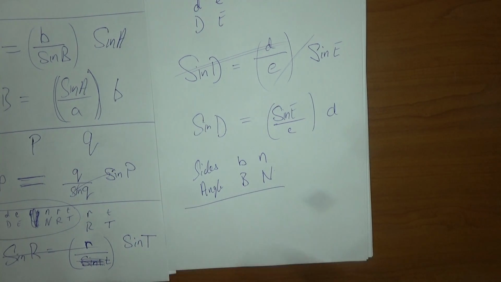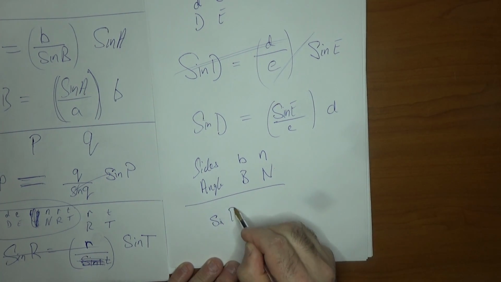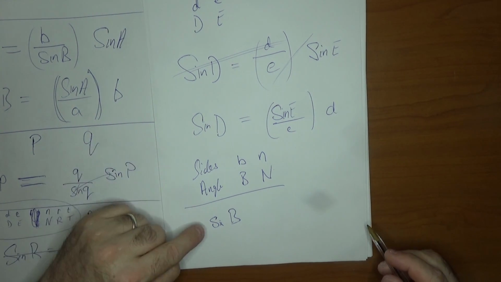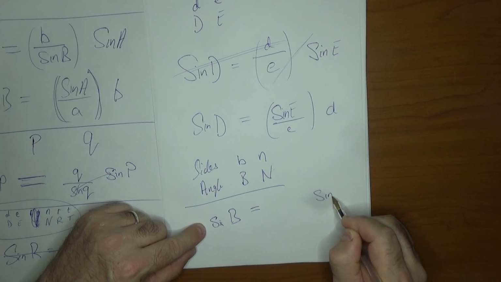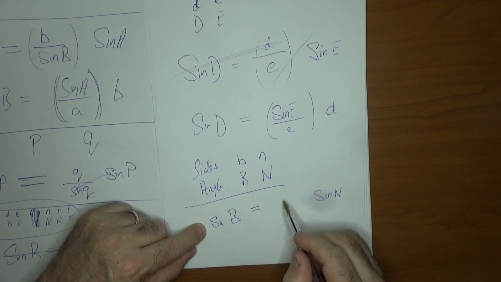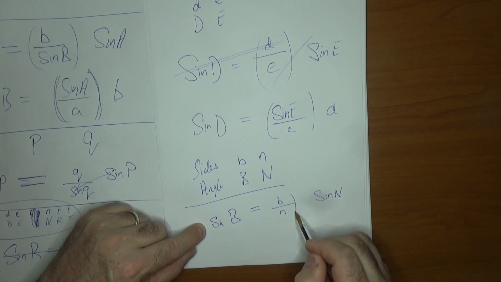I want you to write down directly the formula for this sine of B. And you can pause now. Okay, I'm back to you. So if you're writing down the formula for the sine of B, you might come across here and say, well, this is definitely the sine of N. Having done that, you can say the B here definitely wants a little b on top, and the N here definitely wants a little n underneath.